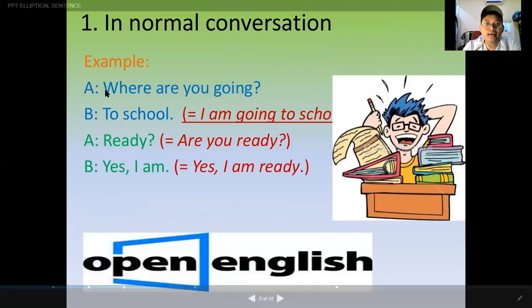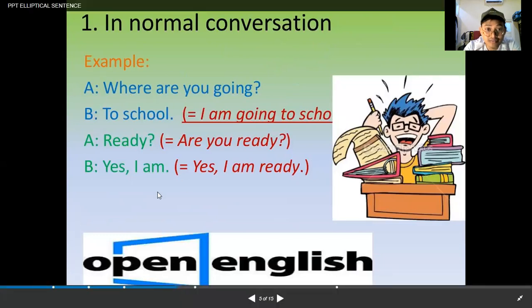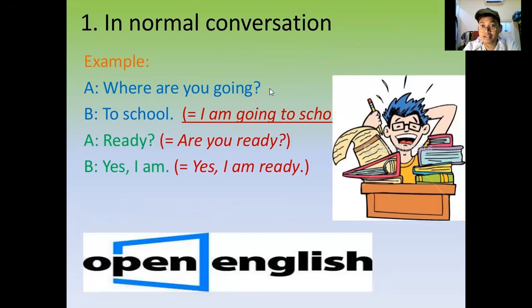So there are normal conversations on a daily basis, like we usually have. Where are you going? said A. It's actually not considered an elliptical sentence, right? Because it's the full version.